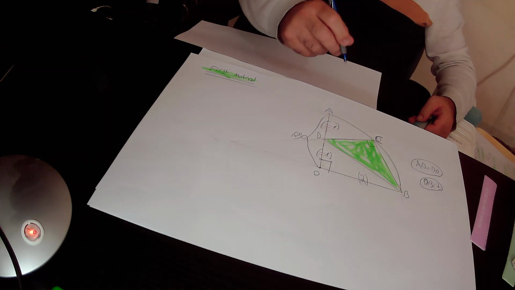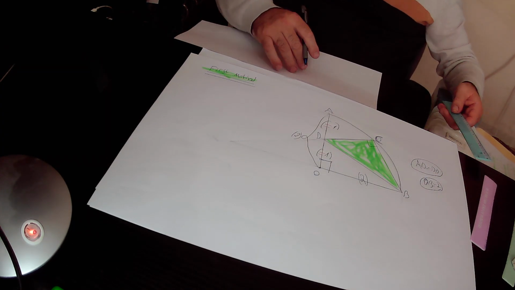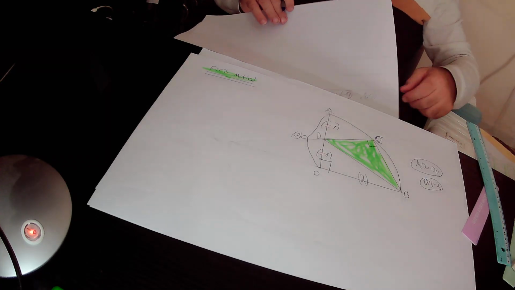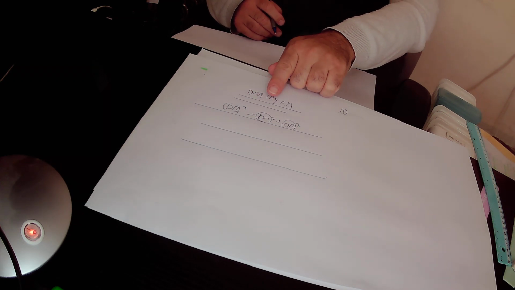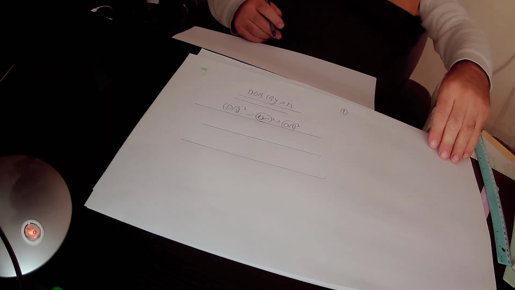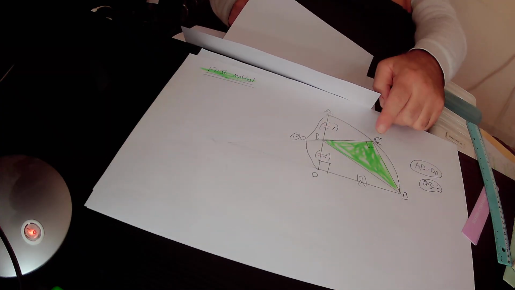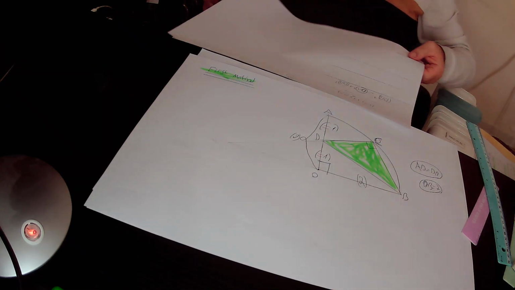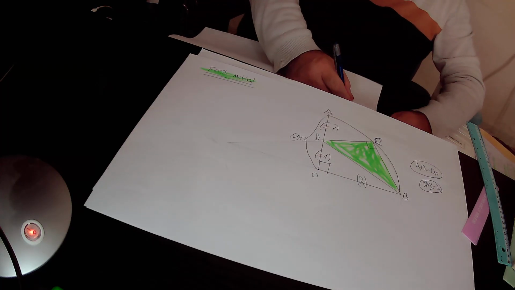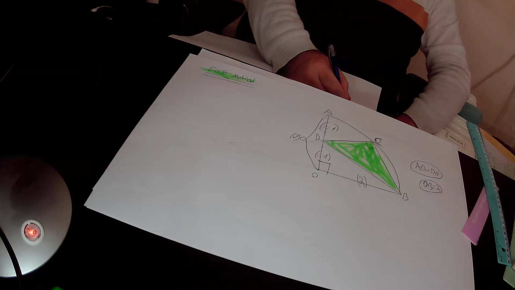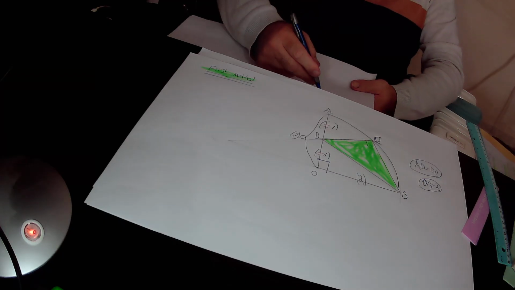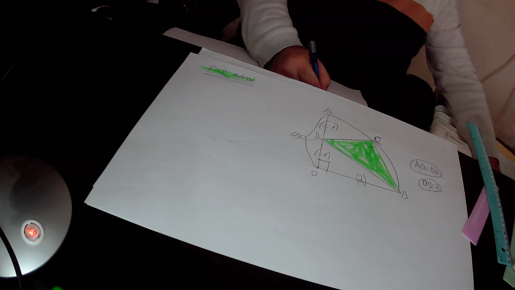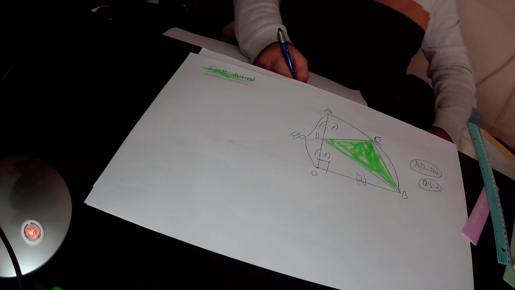Again, in this right triangle DOB, according to the Pythagoras theorem, the following equation is true. DB squared, that is the square of the hypotenuse, equals DO squared plus OB squared. DB is the missing side, so we leave it as it is. So DB squared equals DO squared. DO is 1, therefore DO squared is 1 squared, that is 1, plus OB squared.